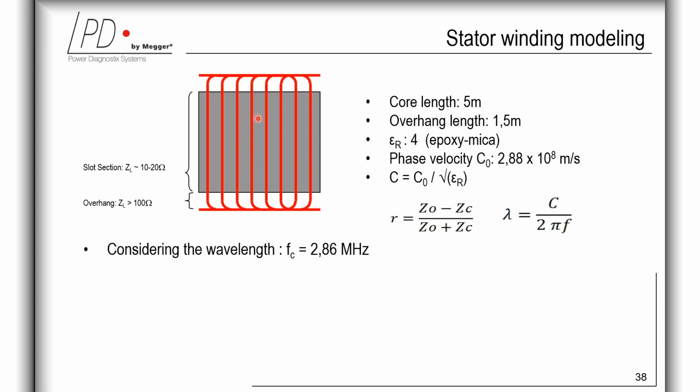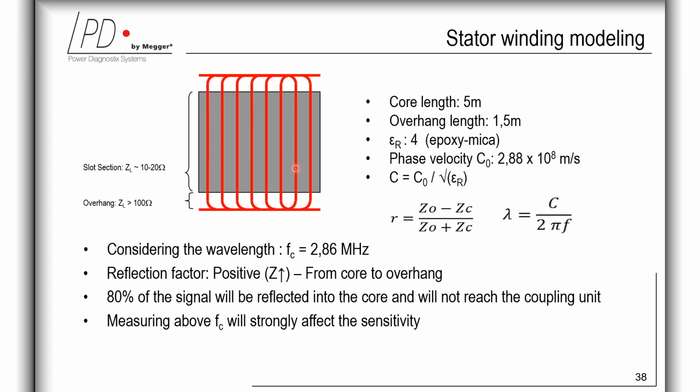The mentioned corner frequency is calculated based on the formula, which is also a function of the length of the bar. Given the values of the core length of 5 meters, the overhang length of 1.5 meters, and the relative permittivity of the epoxy mica, which is 4, the corner frequency with this formula is found as 2.86 megahertz.